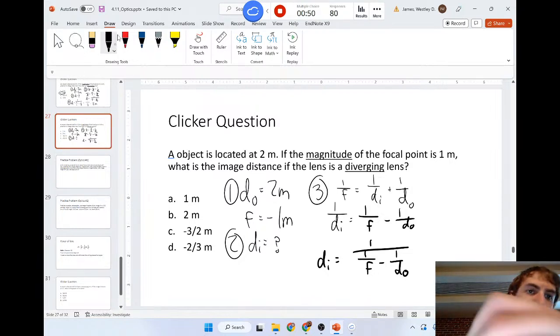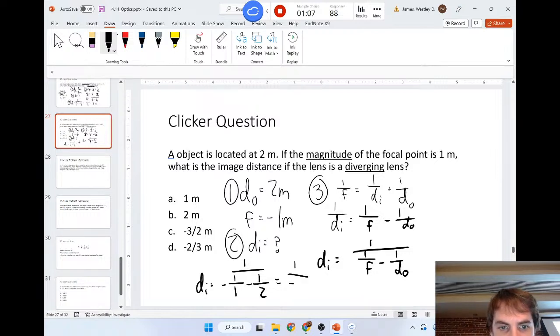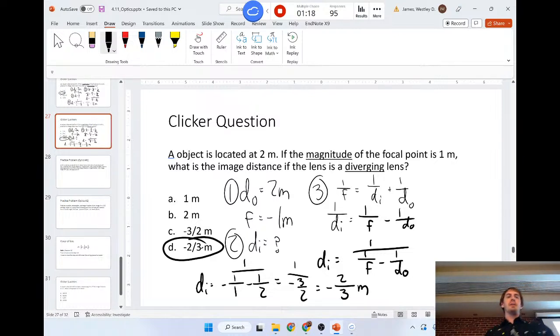So when I plug in the numbers, DI equals 1 over 1 over -1 minus 1 over 2, which comes out to 1 over -1 minus 1/2, which comes out to 1 over -3/2, which ends up getting flipped to -2/3. We return that negative, so there you go, make certain you answer D.